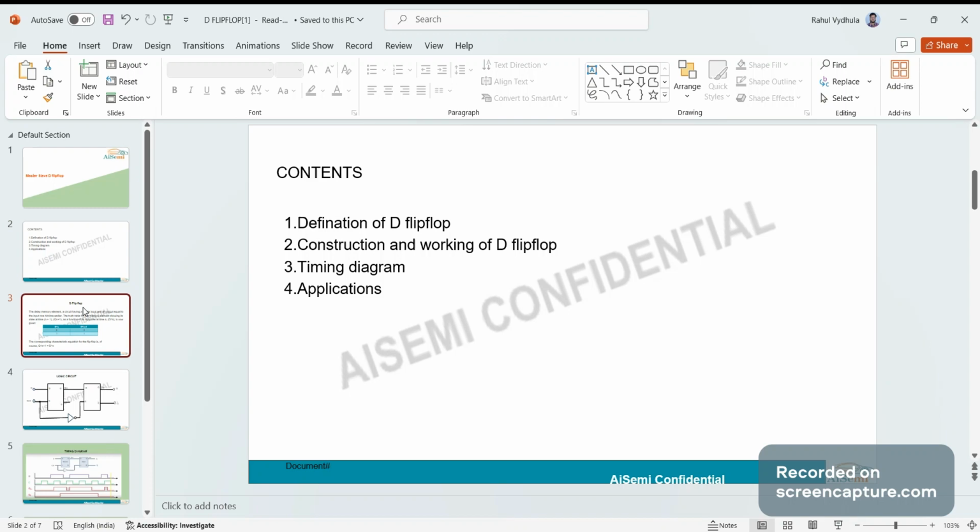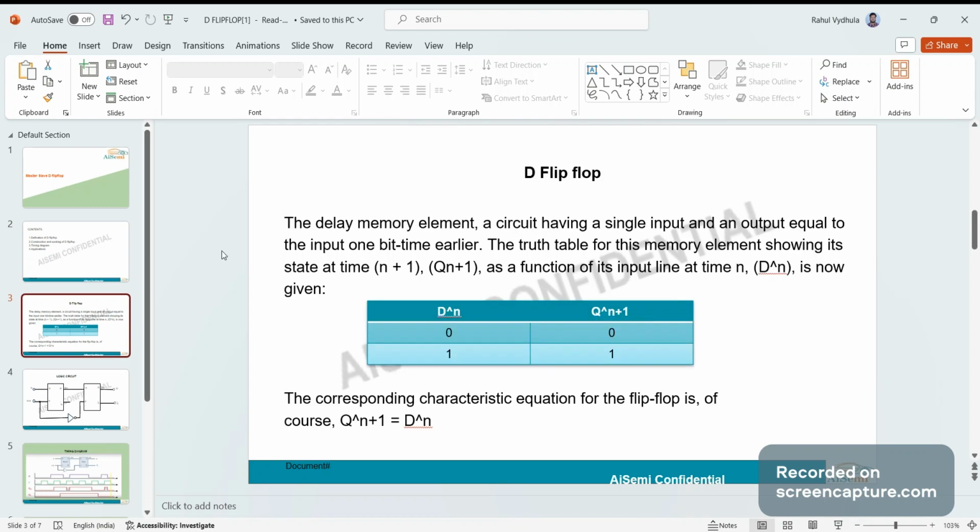First of all, we'll go with the definition of the D flip flop. Actually, the D flip flop is the delay memory element. It is a circuit having a single input and an output equal to the input of a bit earlier in time.